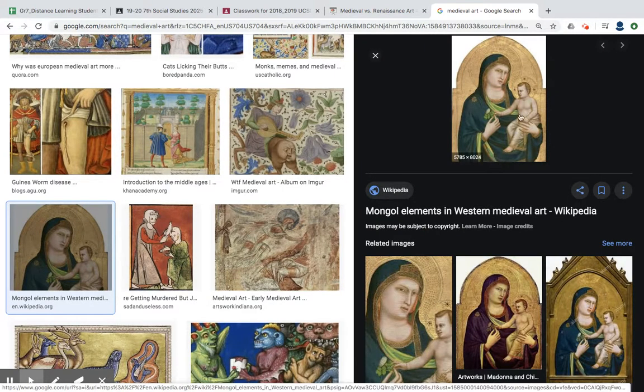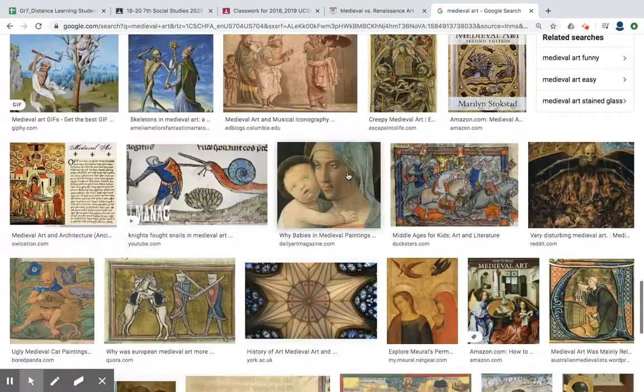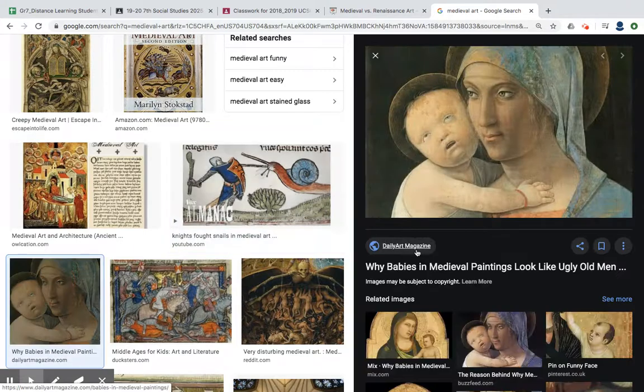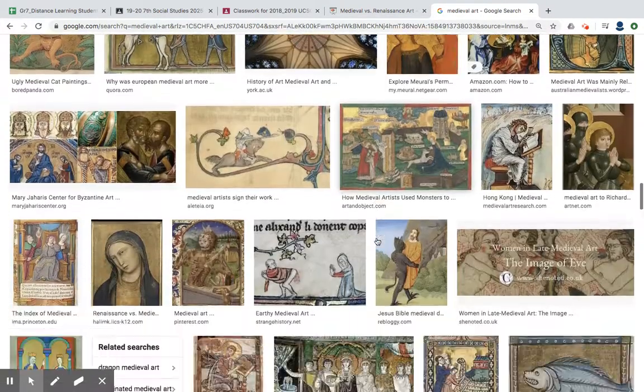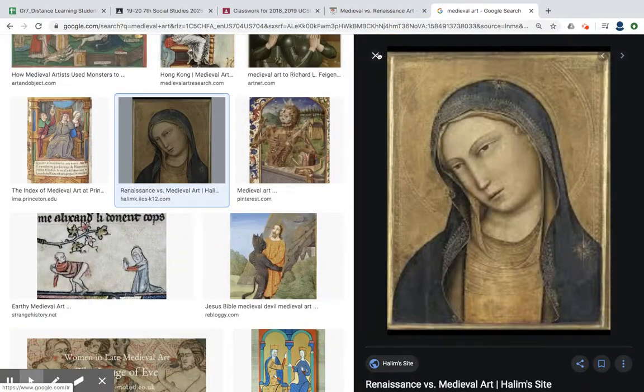Again, lack of emotion. There is no sense of background or perspective. I don't even know what's going on in this one. This is the face I make when you don't do your homework. Again, lack of emotion. Not realistic at all. You'll see that once we get to the Renaissance.